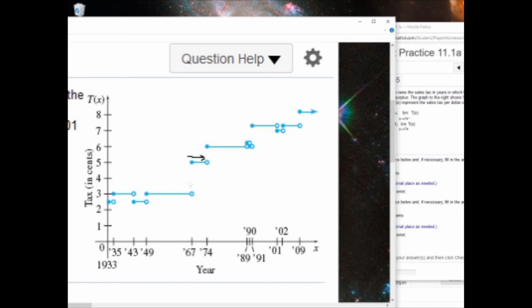To approach 74 from the left, we have to be on this blue line right here. That's how we're going to approach 74 from the left. And what height is that at? That's at height 5. So as we approach 74 from the left, we'll be at a height of 5. That is the limit.